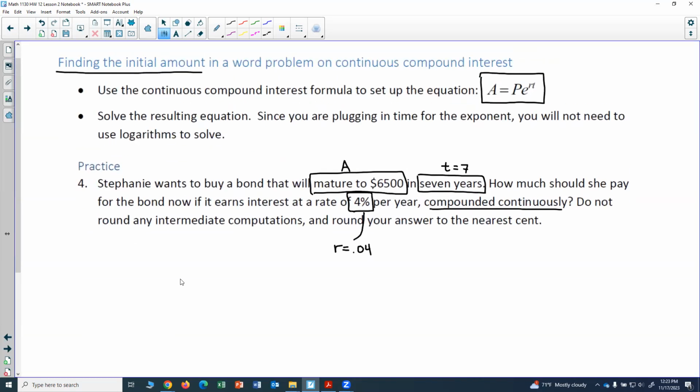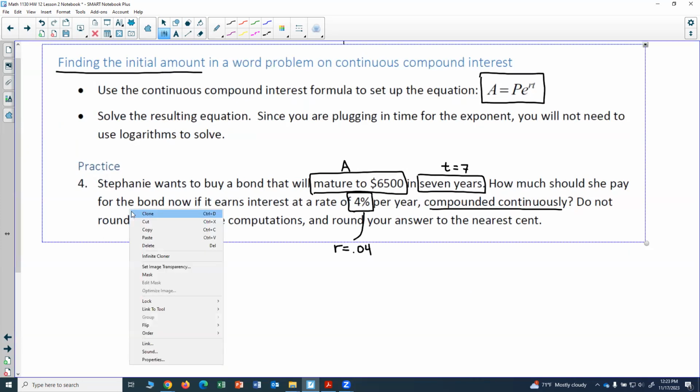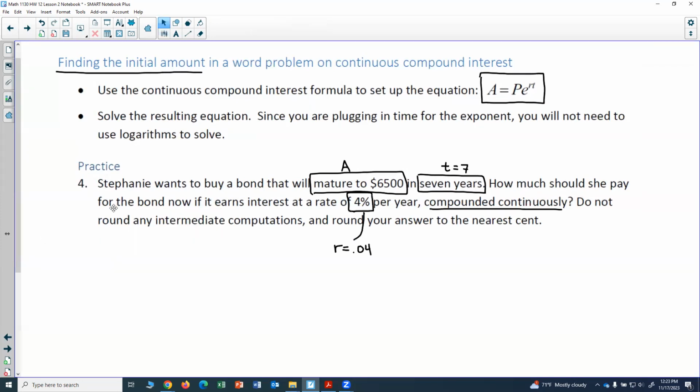All right, so I'm going to put in the numbers that I know. A is 6,500. So I have 6,500 equals Pe to the 0.04 times 7.